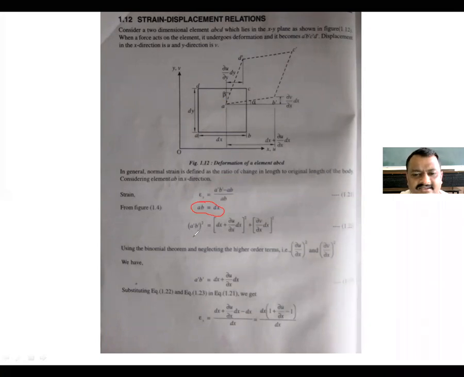Now, what is a dash b dash square? A dash b dash is the hypotenuse of this triangle, right? So a dash b dash square is the side ab squared, with this as x and this as y, x square and y square.